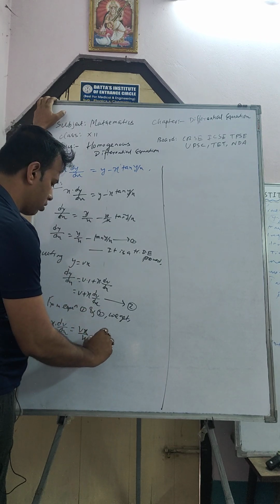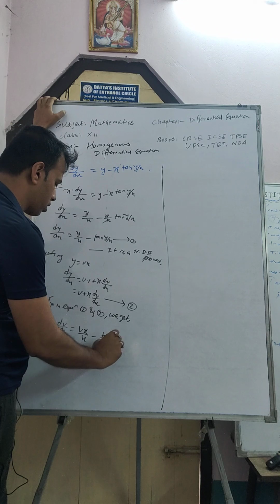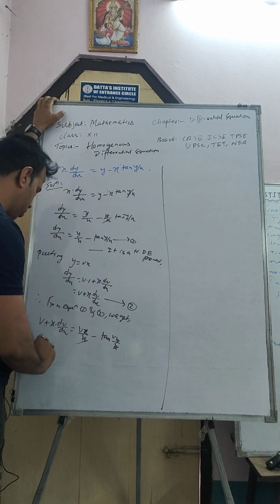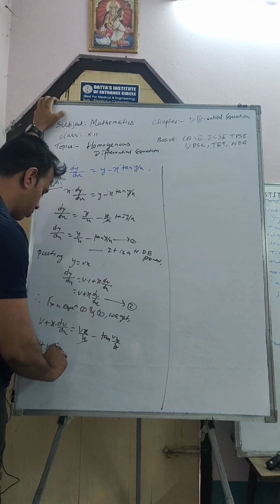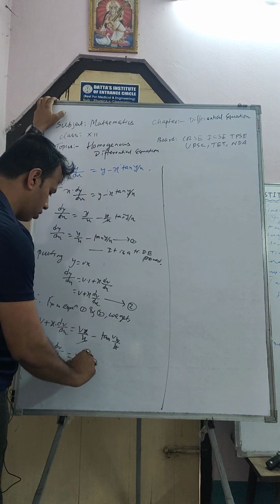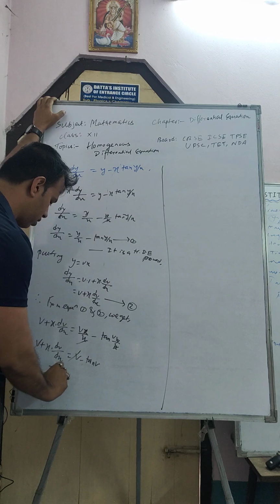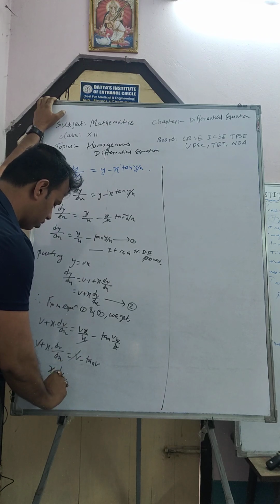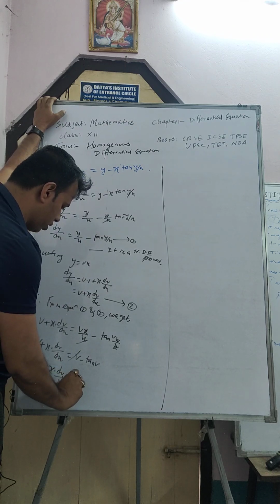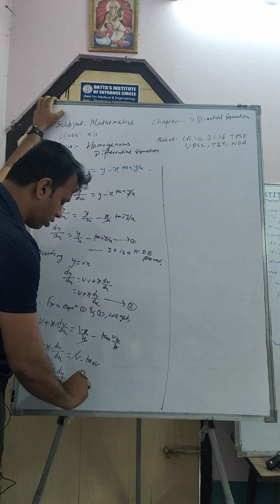Here vx by x cancels out. So v plus x dv by dx equals v minus tan v, v cancels out, so x dv by dx is equal to minus tan v.